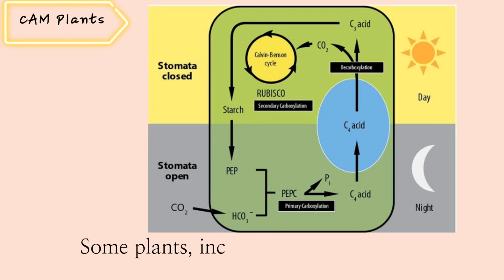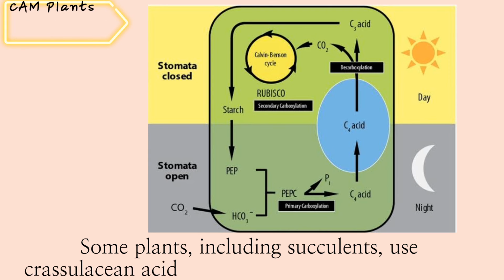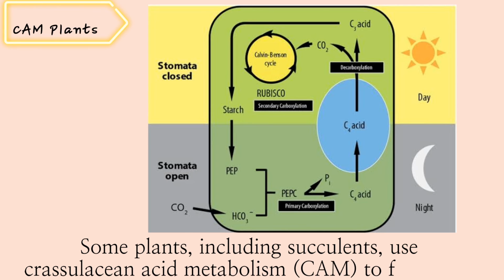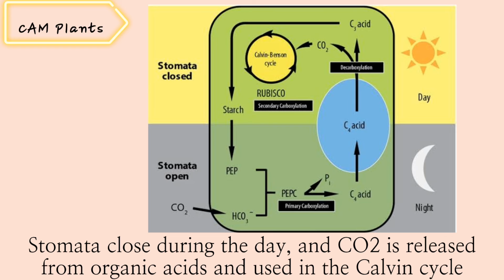Some plants, including succulents, use crassulacean acid metabolism to fix carbon. CAM plants open their stomata at night, incorporating carbon dioxide into organic acids. Stomata close during the day, and carbon dioxide is released from organic acids and used in the Calvin cycle.